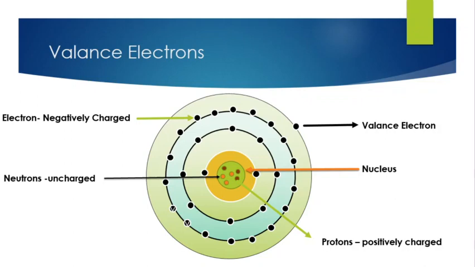Do you know the electrons are arranged in the atom like in first orbit there should be only two electrons, means 2 into 1 square, 2 electrons. In the second orbit there should be 2 into 2 square means 8 electrons. In the third orbit there should be 2 into 3 square means 18 electrons.